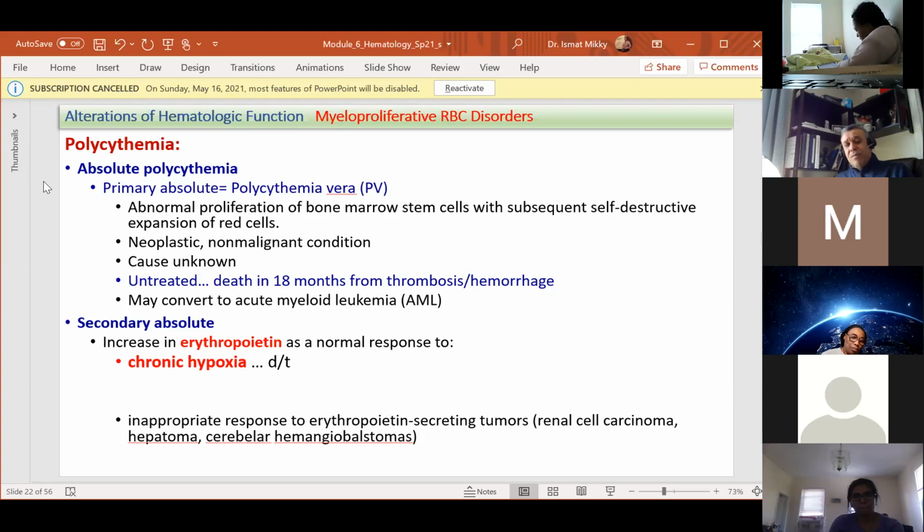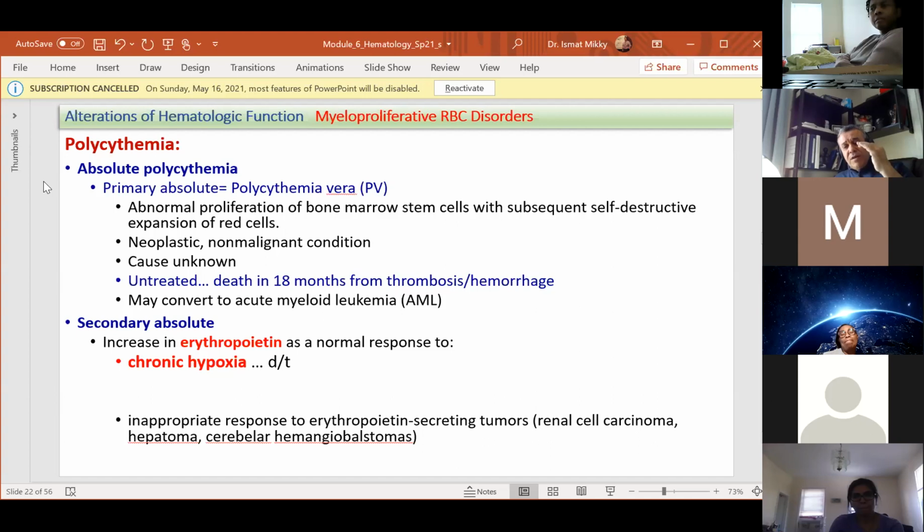An example of that would be patients with COPD, heart failure, or people who live at high altitudes, higher than 10,000 feet above sea level. So it's all about the compensation for hypoxia and decreased oxygenation.